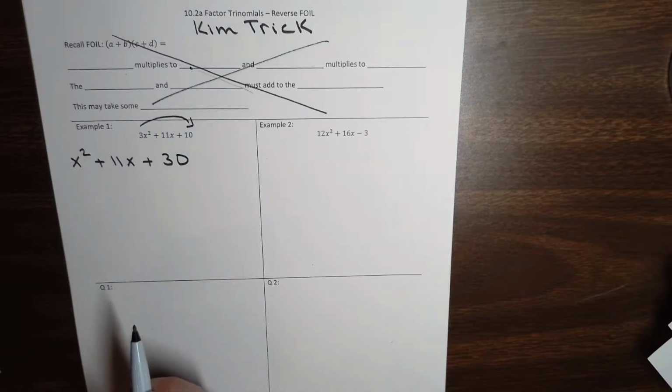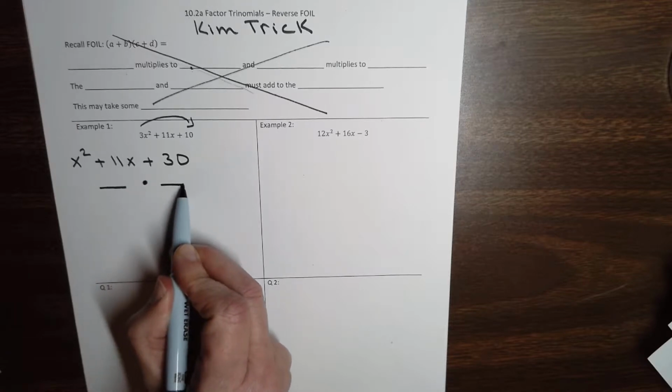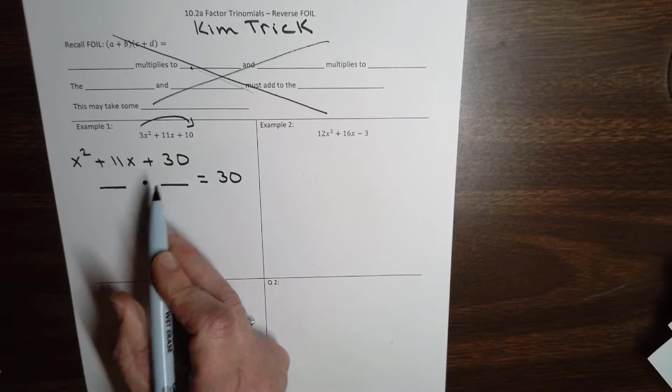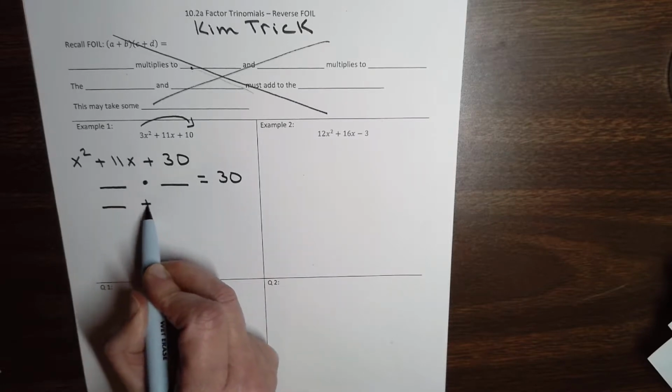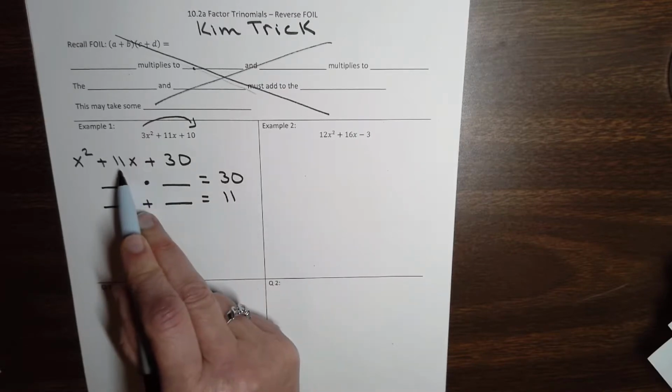Our next step in the Kim trick is we try to find a combination of two numbers where, when I multiply them together, I get the last term, and the same two numbers, when I add together, I get my middle term.